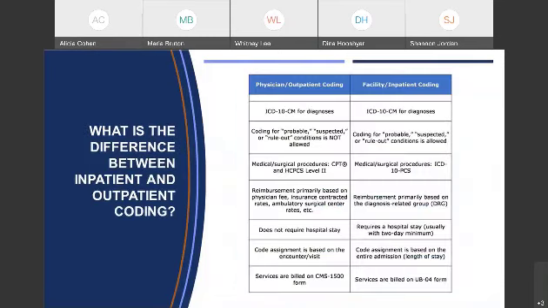Okay, so I just wanted to give a little bit of information about coding. What is the difference between inpatient and outpatient coding? Here is a small overview of the basic differences between the two medical coding types.